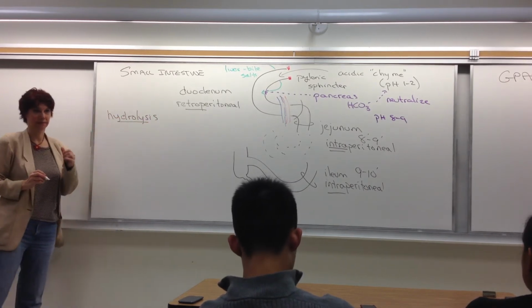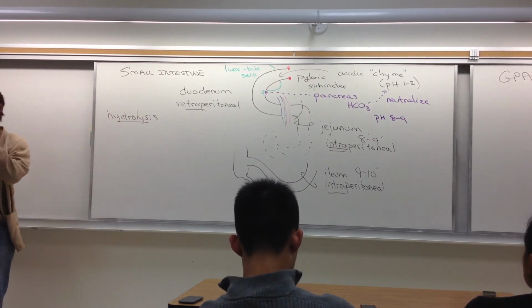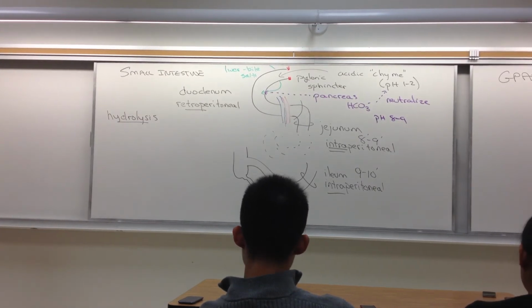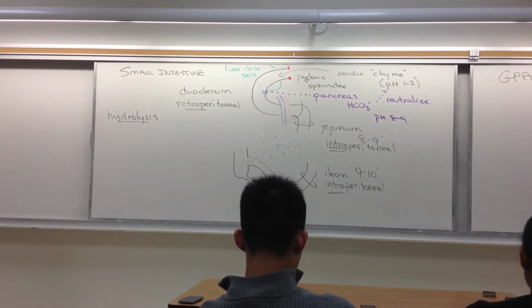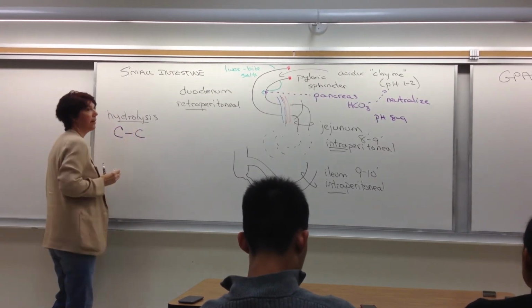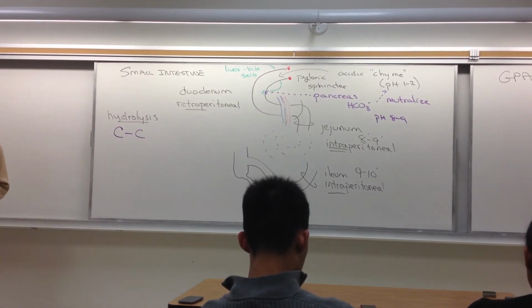hydrolysis. Hydrolysis, if we take the words and look at the meanings, means the splitting of water, or we could say the splitting by water. For example, we have a carbon-carbon bond between our amino acids, between our simple sugars, between our fatty acids.